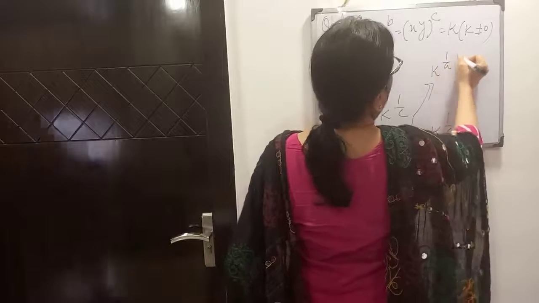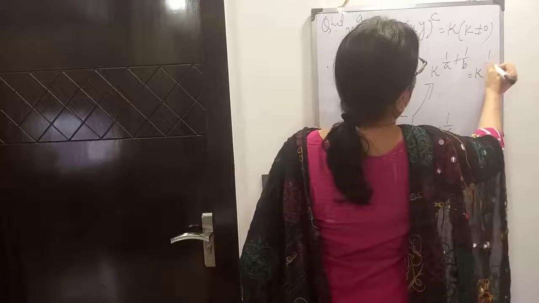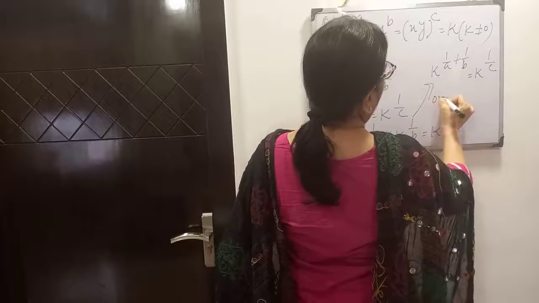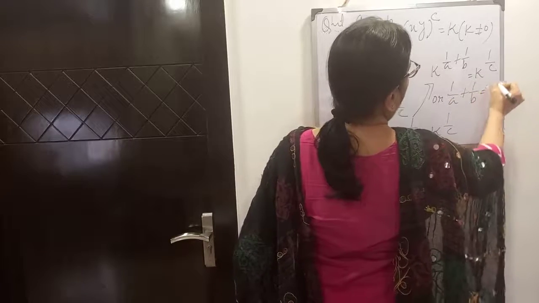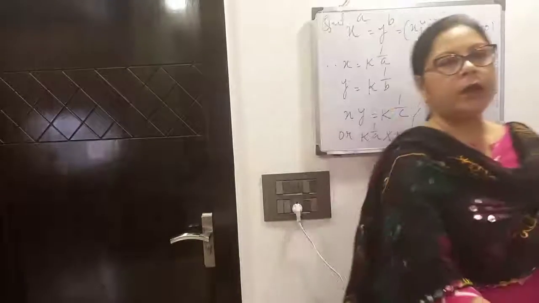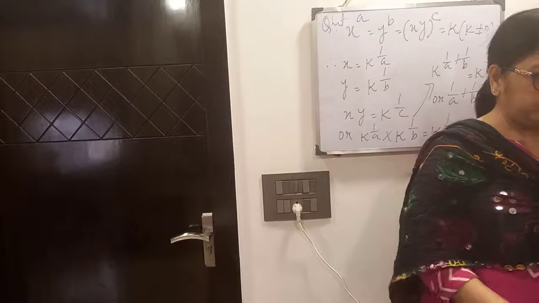So k to the power 1 by a plus 1 by b equals k to the power 1 by c. Now from both sides the base is the same, therefore we can write the powers: 1 by a plus 1 by b equals 1 by c. So this is the required relation between a, b and c.